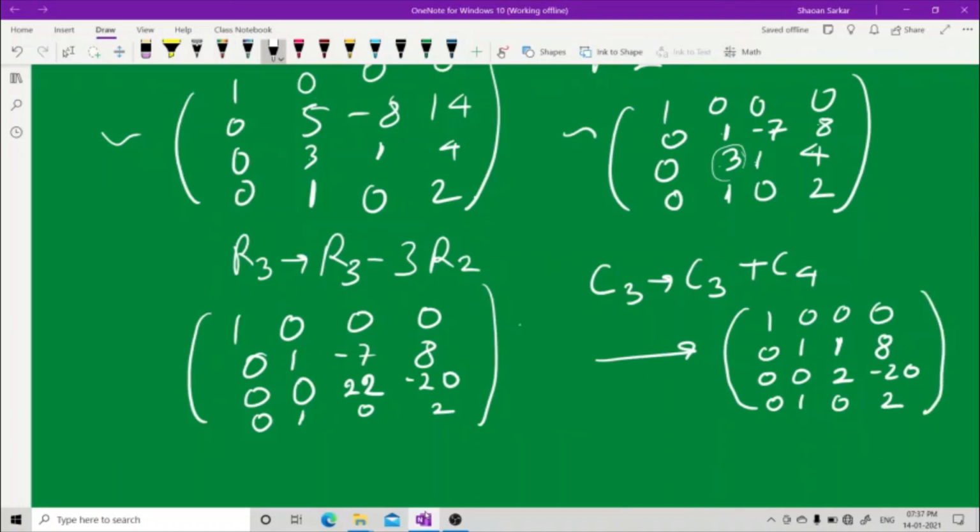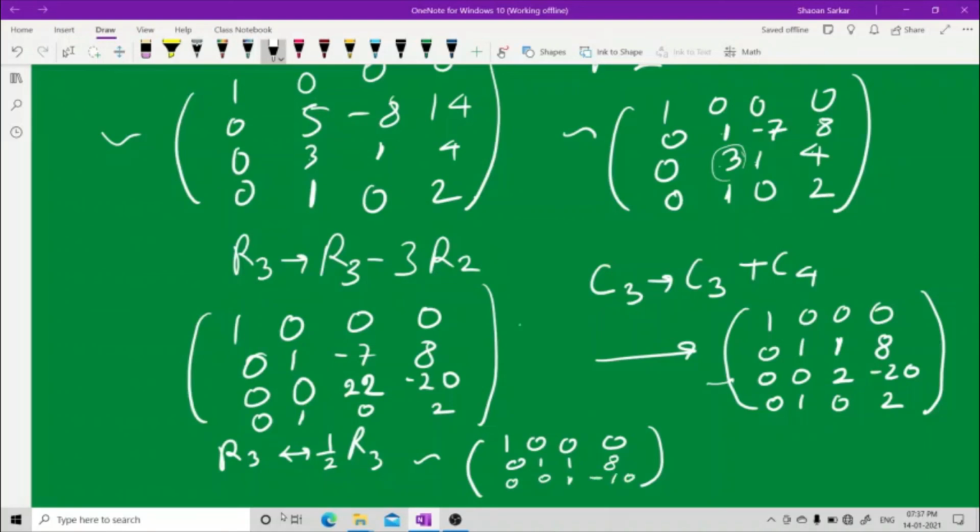You divide this row 3 by 2. R3 is to be replaced by half R3, and you will get 1 0 0 0, 0 1 1 8, 0 0 1 minus 10, and then 0 1 0 2.